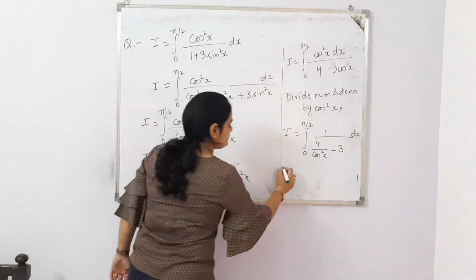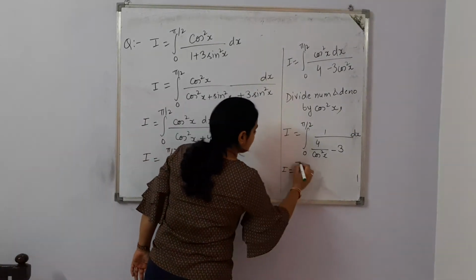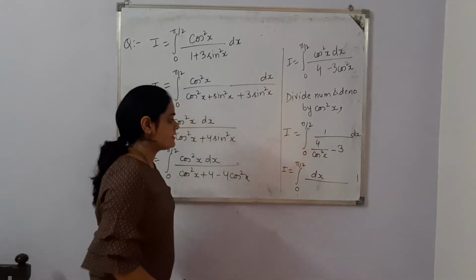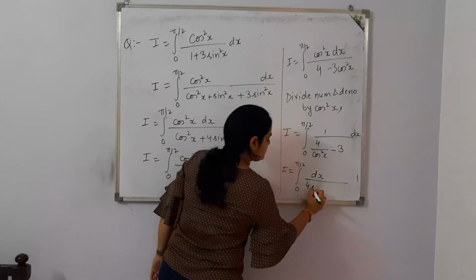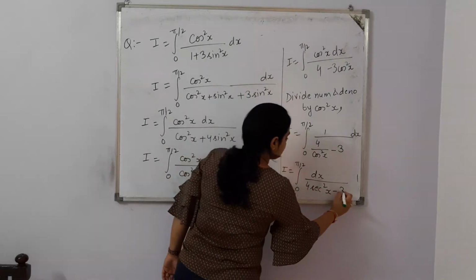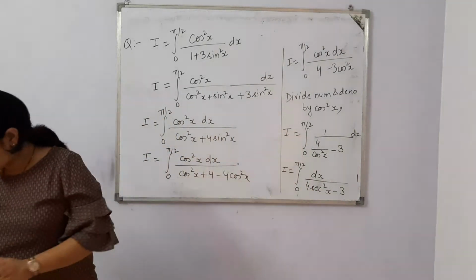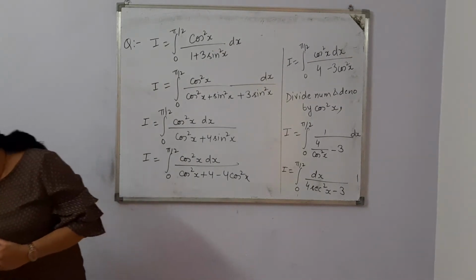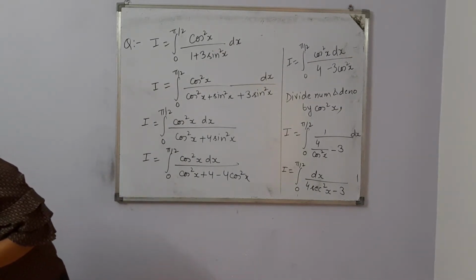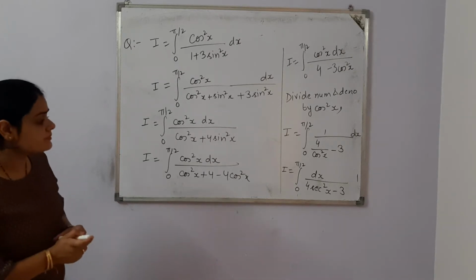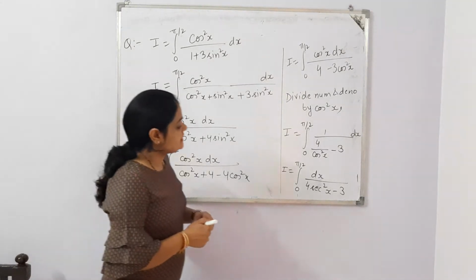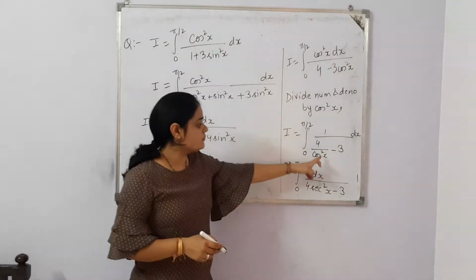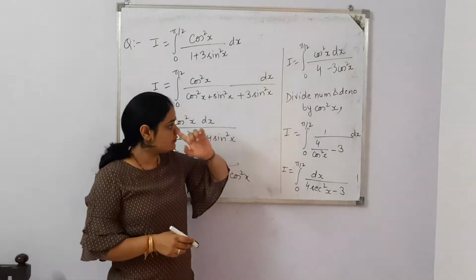Now 0 to pi by 2, it is 4 secant square x minus 3. Now, what you are watching is that we have the function 4 secant square x minus 3, here 4 upon cos square x minus 3 was there.